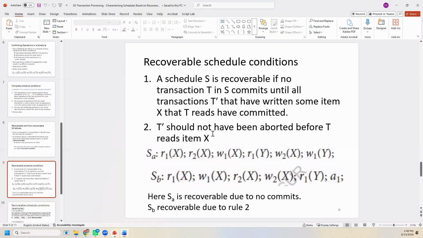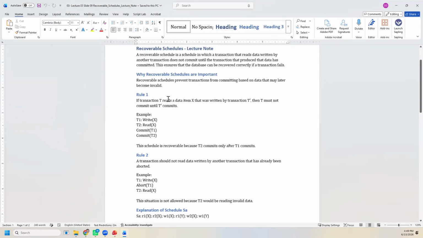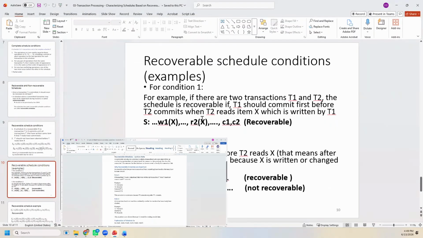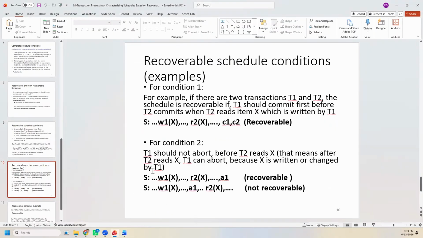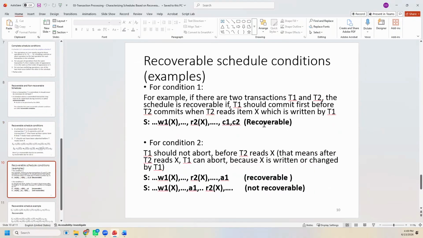And finally, you can see another example. This is exactly the same as what is in the document, right? It shows what these conditions are saying, with a different example.